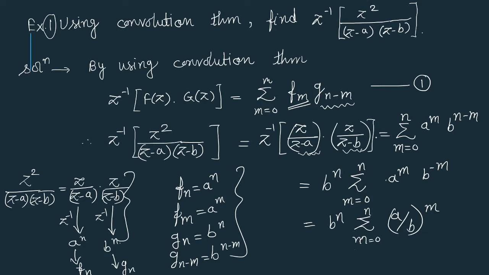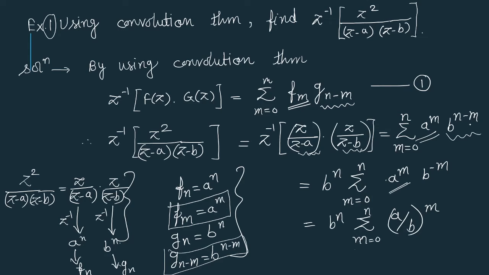Now f of n is a to the power n, therefore f of m is a to the power m. We substitute this value. Similarly, g of n is b to the power n, therefore g of n minus m is b to the power n minus m. This is the second value.